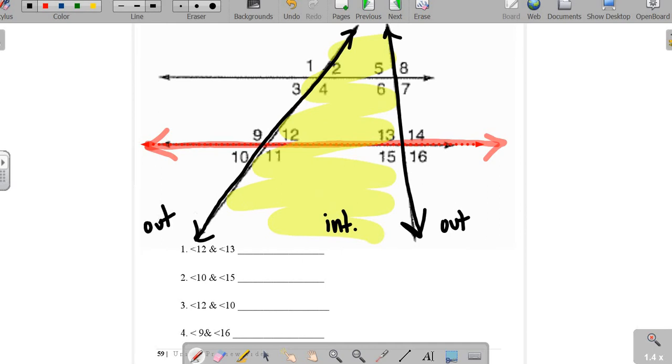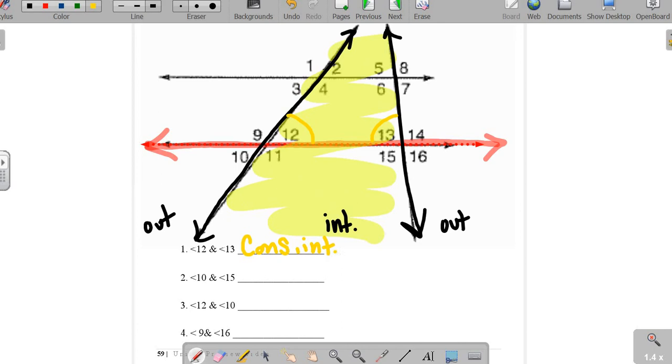So ready? 12 and 13. 12 and 13 are on the same side of the stir stick, but between the lines. 12 and 13 would be considered consecutive interior angles.